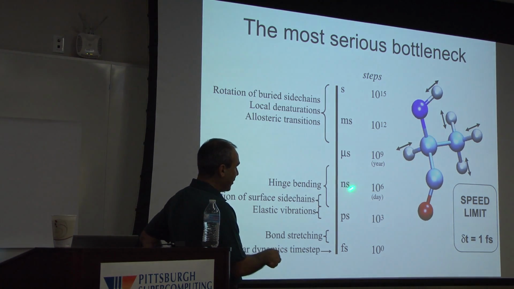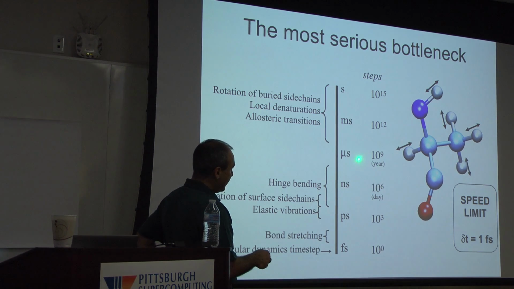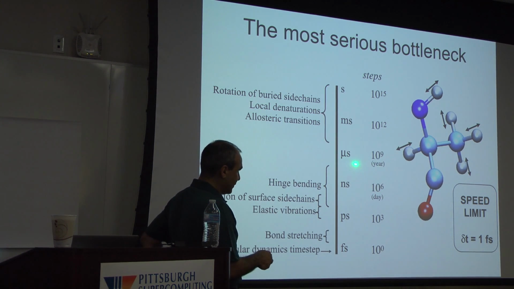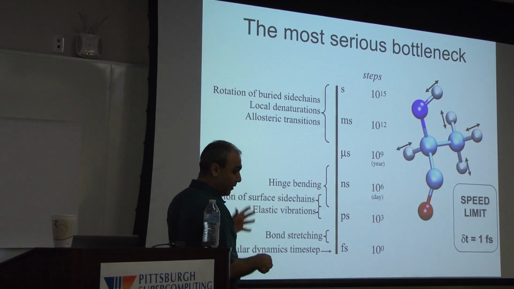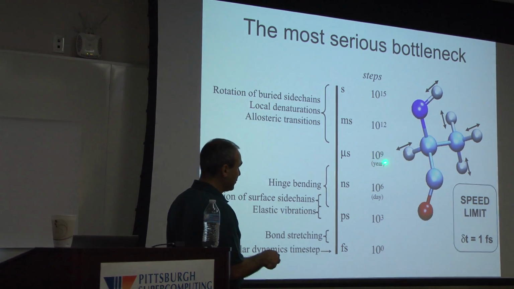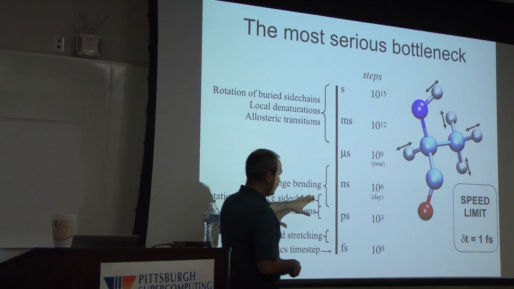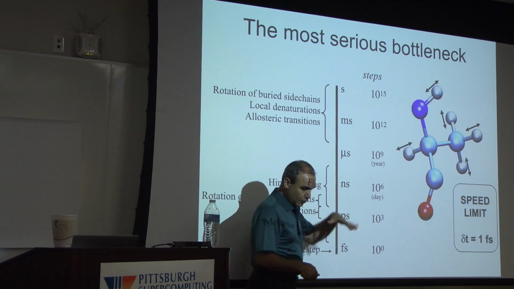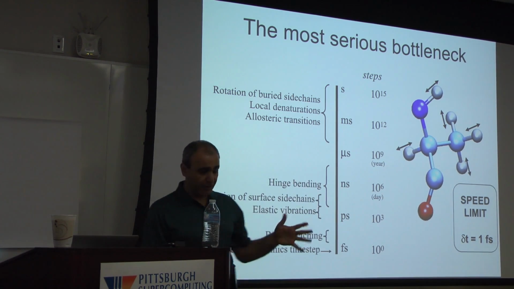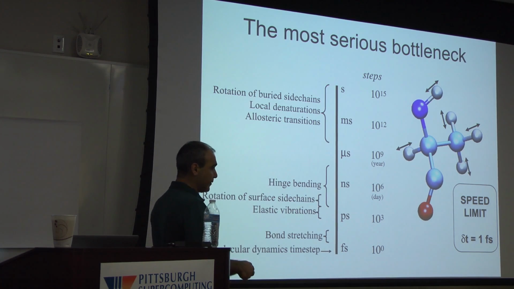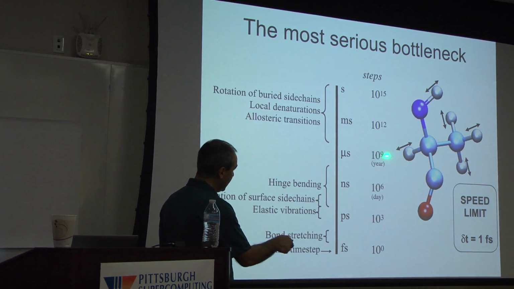If I can do 1 nanosecond of simulation every day, then in order to do a microsecond simulation, it would take a year or 3 years. But nowadays, you can easily go to 20, 50, even 100 nanoseconds of simulation every day. So we are reaching nicely here.